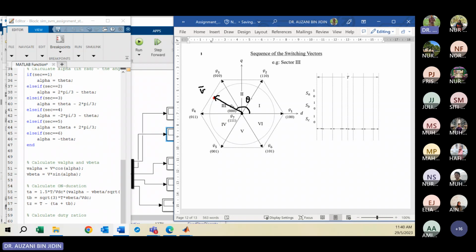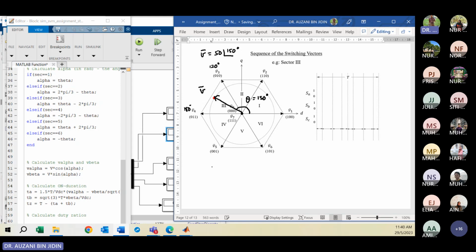Let's say the magnitude is 50 volts. Since it is in sector 3, the angle here would be 120 degrees, here is 180, so maybe we can put 150 degrees, right? For example. So this angle is 150 degrees.